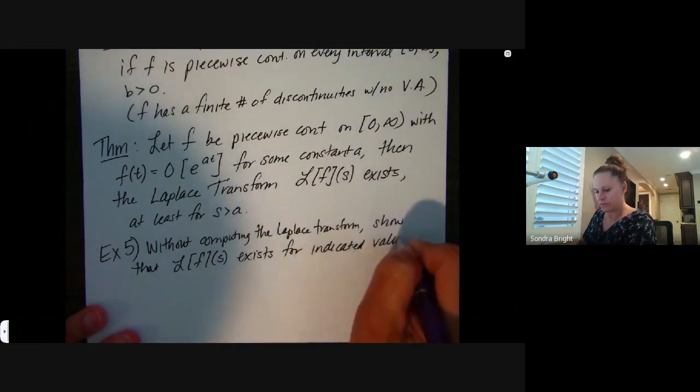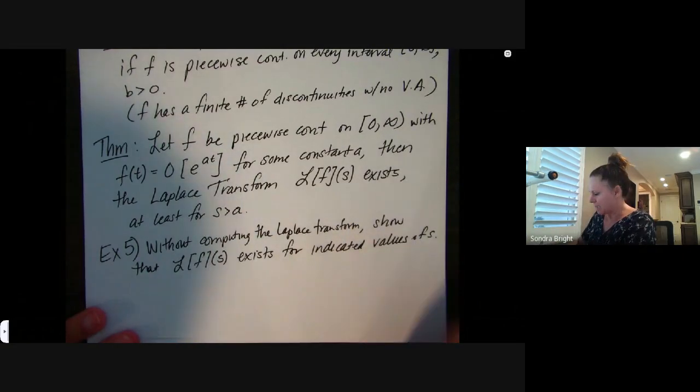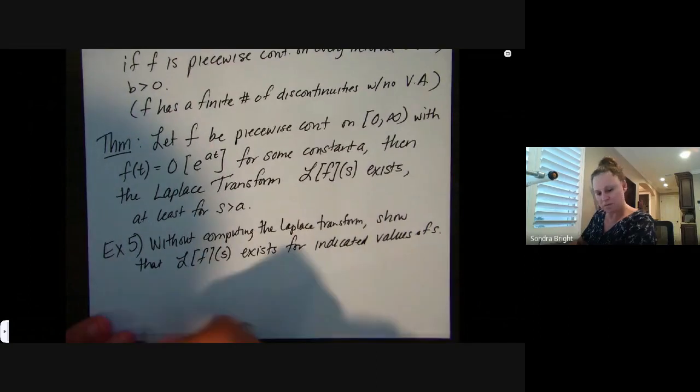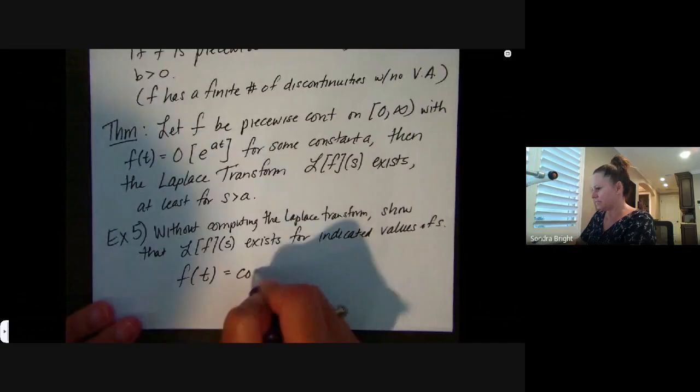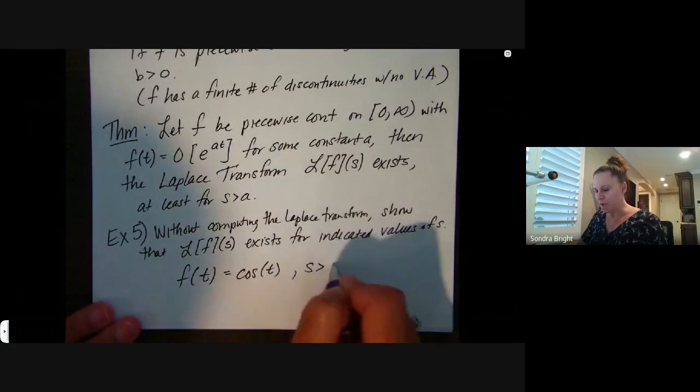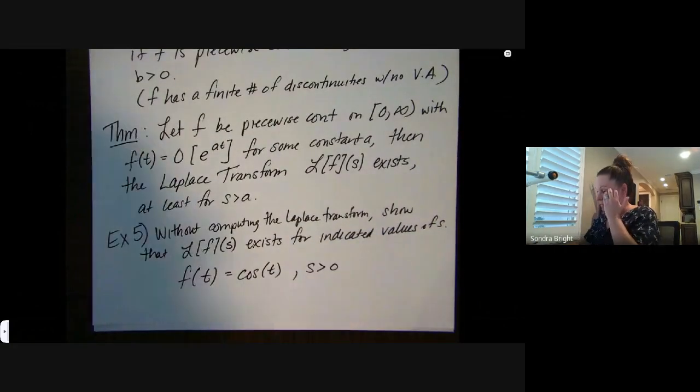All right, so the first one we're going to do is f of t equals cosine of t for s greater than 0. So first we've got to talk about, is it piecewise continuous?